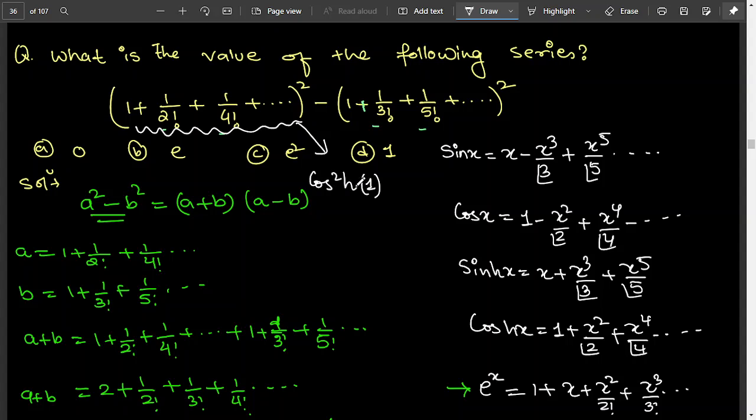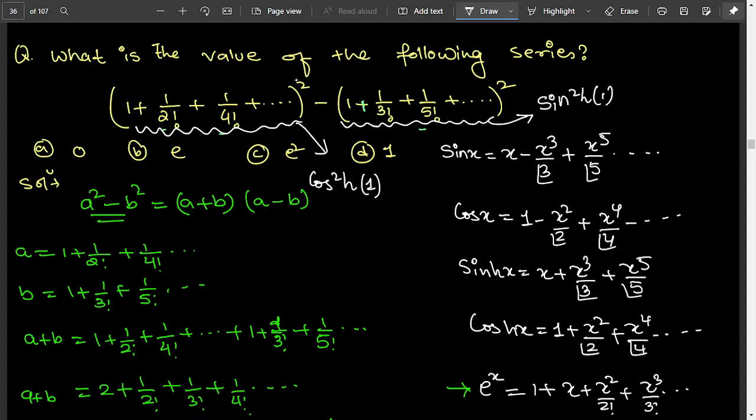So for cos, I'll put this as 1 by 2 factorial. This is exactly equal to this one. And similarly, if I replace the second term with sine hyperbolic, I'll get sine square hyperbolic of 1, because there is a square on both the sides.